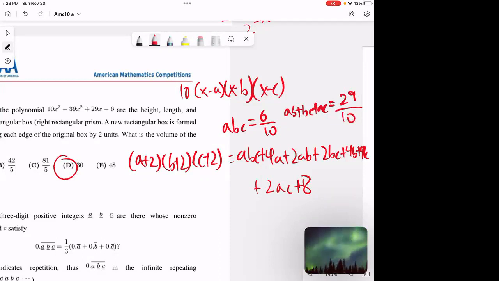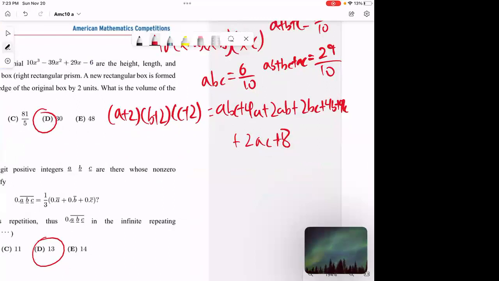And then finally, the x squared term is 10x squared A, 10x squared B plus 10x squared C, negative all of that, right? Because it's negative A. So that gives us A plus B plus C equals 39 over 10. Nice.